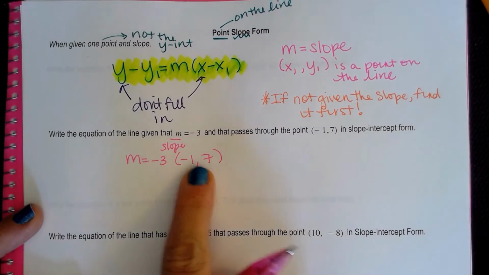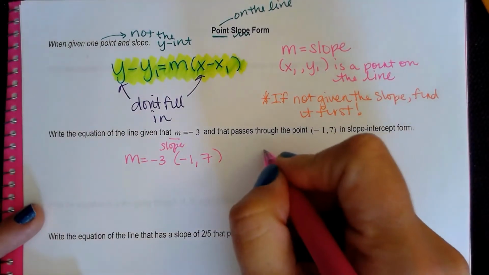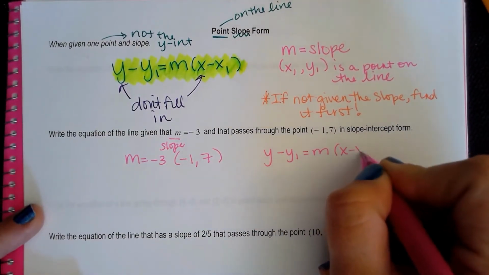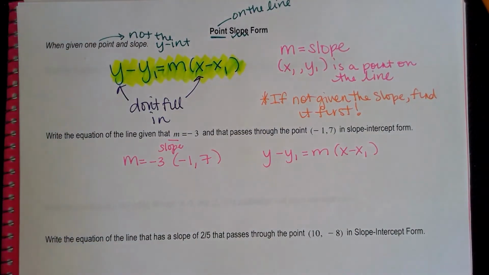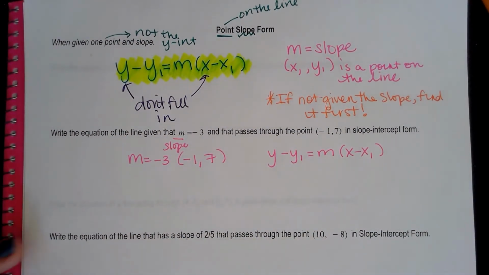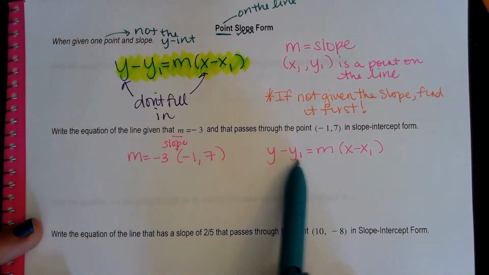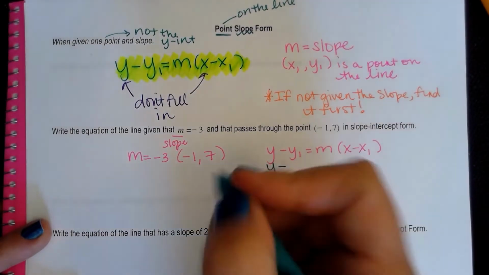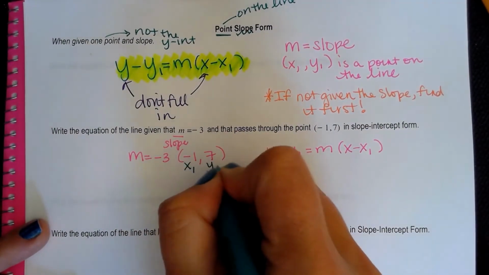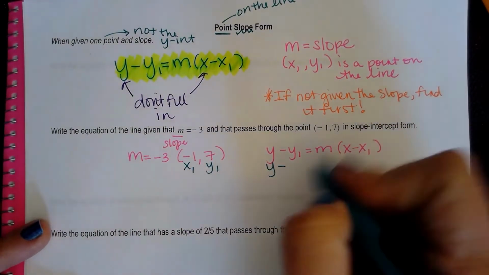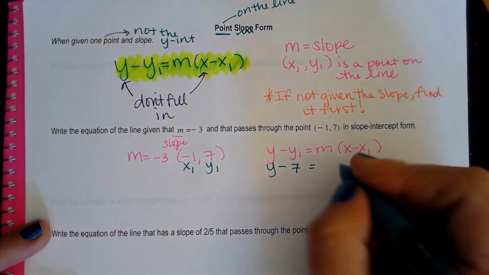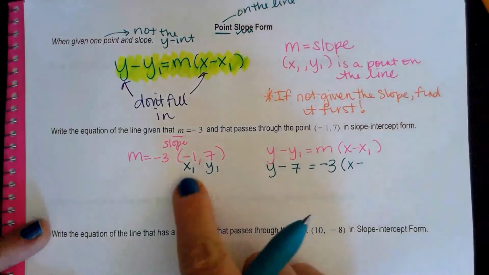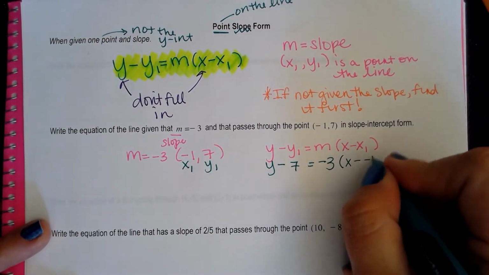So point slope, my equation, y minus y1 equals m times x minus x1. So I'm literally just going to take those pieces of information and plug them in to my equation. So y minus, here's x1 and y1. So y minus y1, which is 7, equals m, my slope, which was -3, times x minus x1, which is -1.